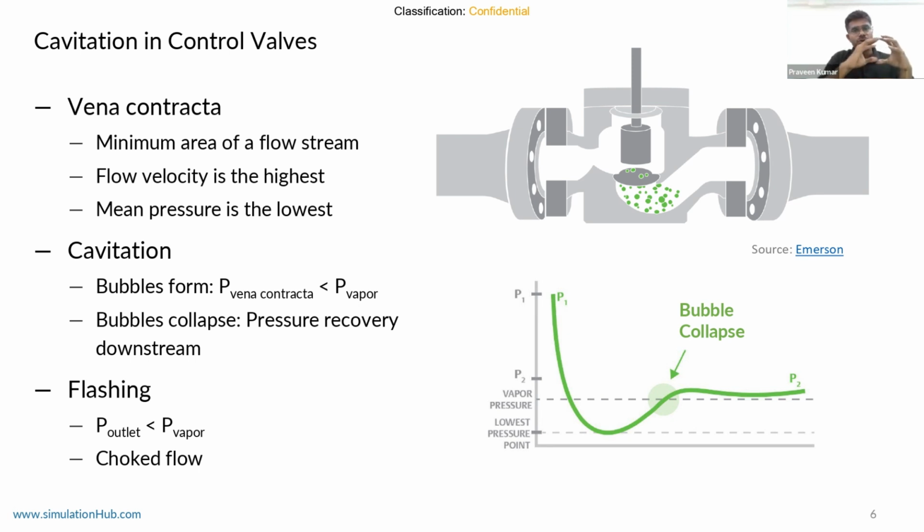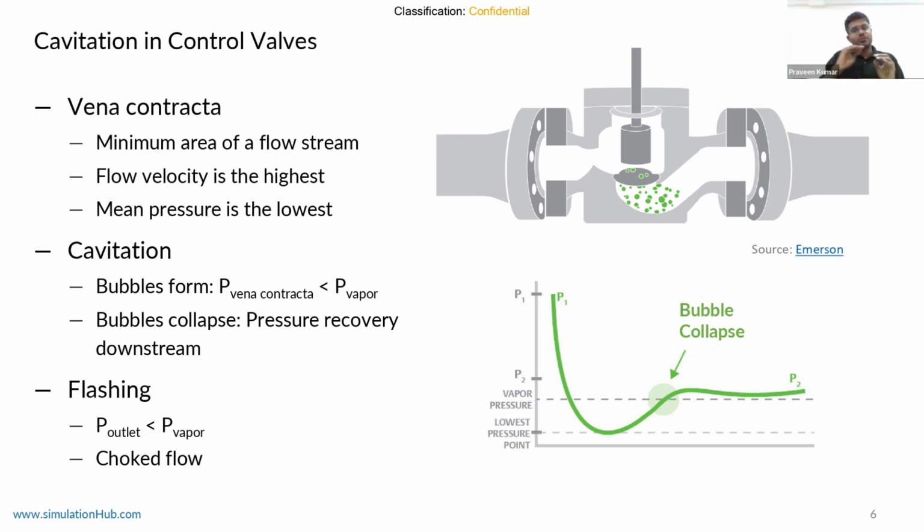Cavitation occurs when the pressure at the vena contracta goes below the vapor pressure of the liquid. Then the bubble forms, and downstream, whenever the pressure recovers and goes above the vapor pressure, the bubble collapses. So this is cavitation, and there is another term called flashing.